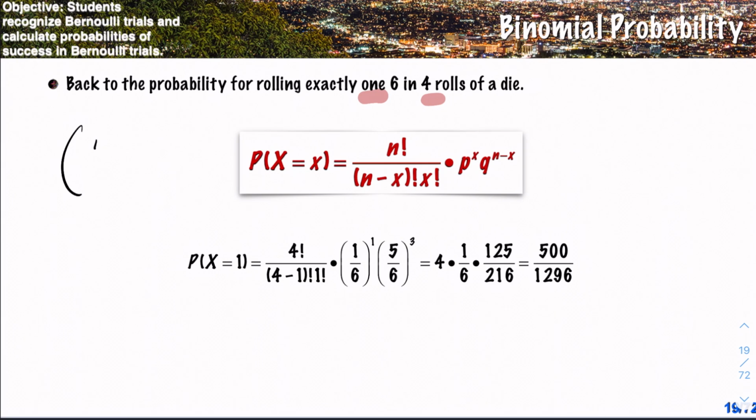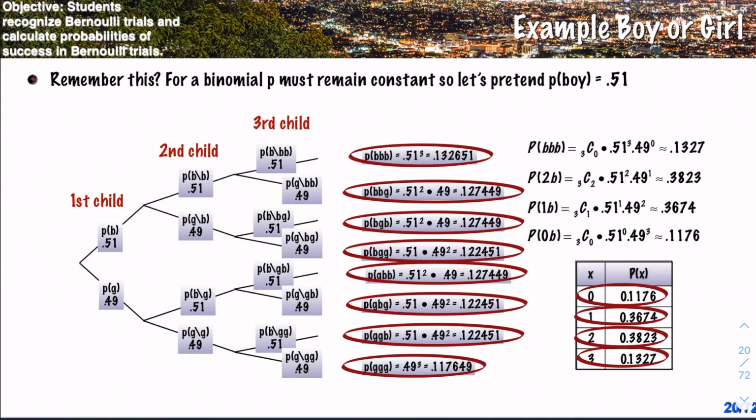So we want 4 choose 1, 1/6 to the first power, and then 5/6 to the 4 minus 1, which is 3.